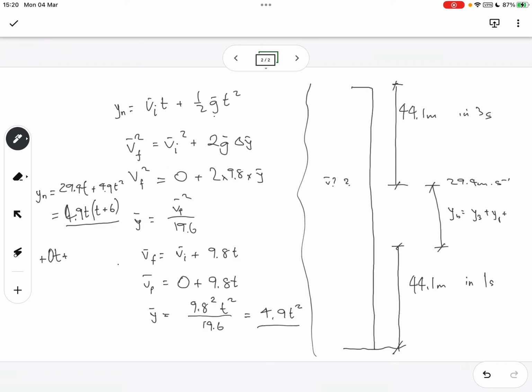So this plus 9.8 t squared, to 29.4 t plus 4.9 t squared.